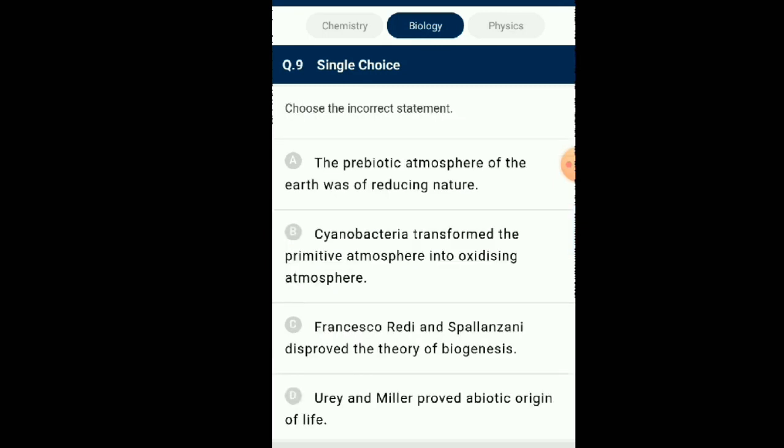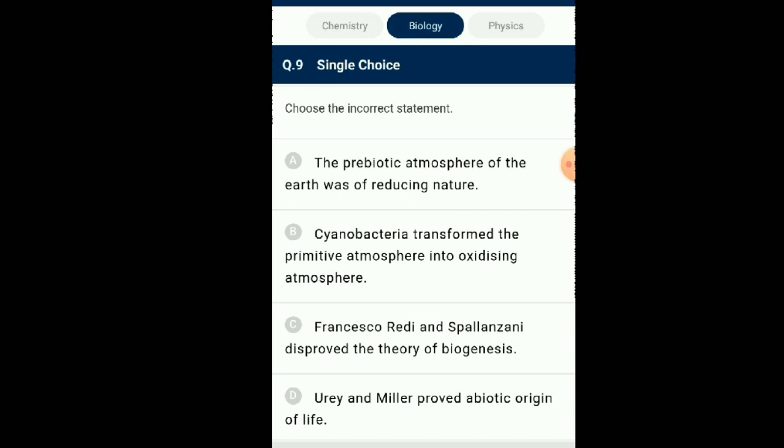Question number 9. Choose the incorrect statement. Here 4 statements are given. Biogenesis is any process by which life forms are produced from earlier life. This theory discards the theory of spontaneous origin, or abiogenesis, proposed by Aristotle.